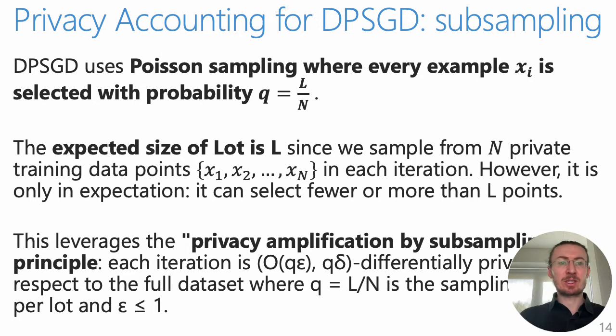So this algorithm essentially takes into account that for a given iteration of DP-SGD, we don't use the whole training set of size n, but we just use this smaller subset of the training set called lot, and then we take this into account in the privacy analysis of our algorithm.